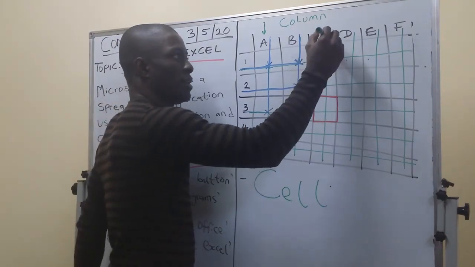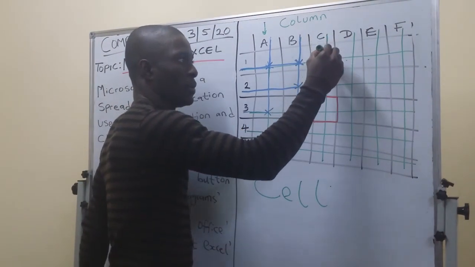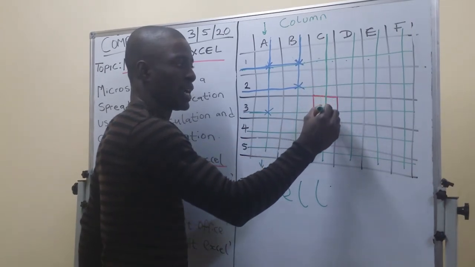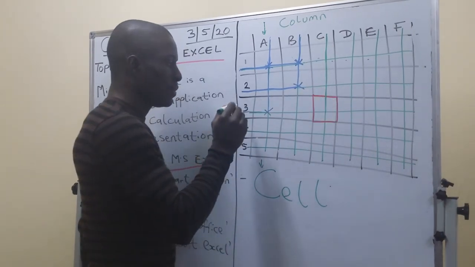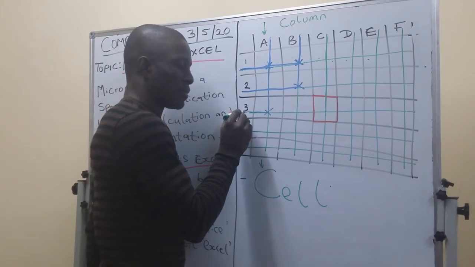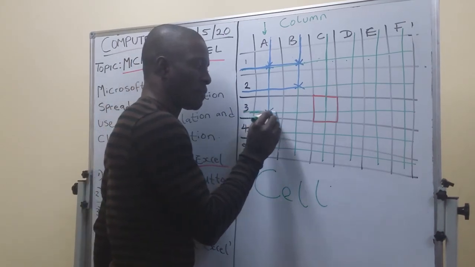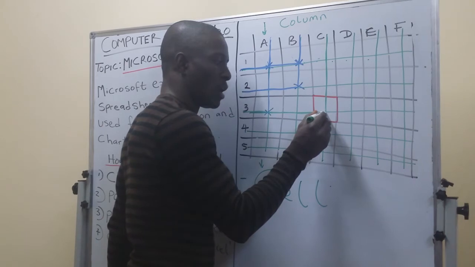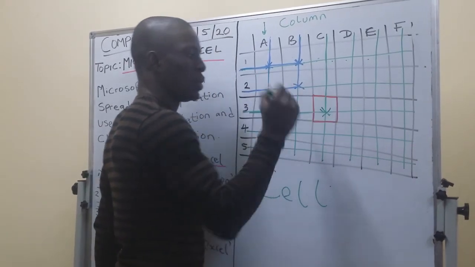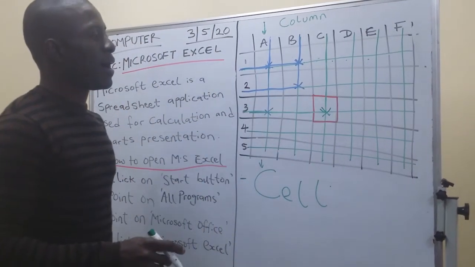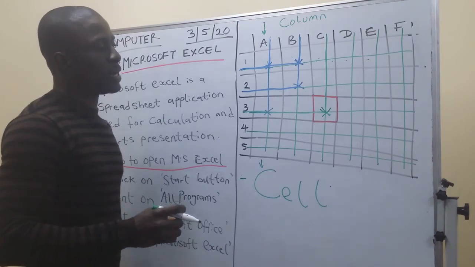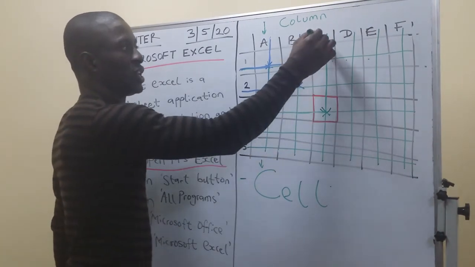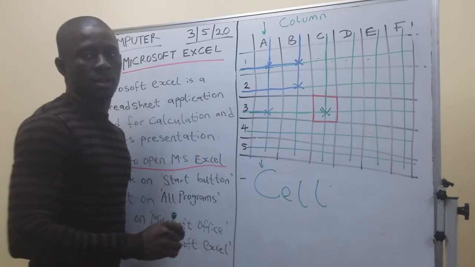You start moving from here, from the top. When you get here, you stop. Go and pick from here, from the beginning of this line, row, you stop. So the column and row that form this particular cell is C and 3.